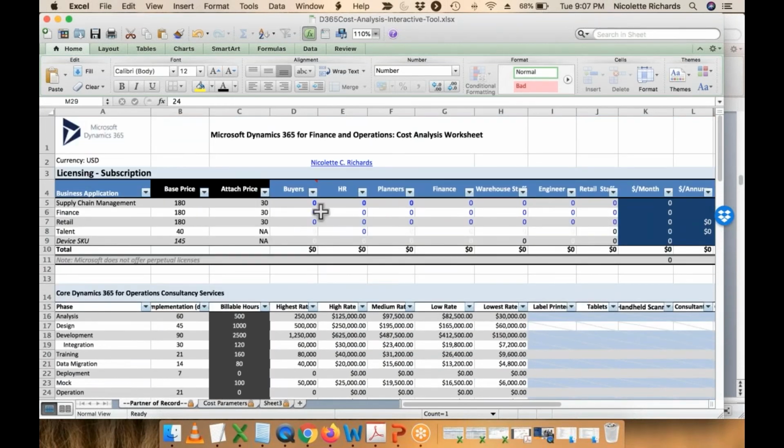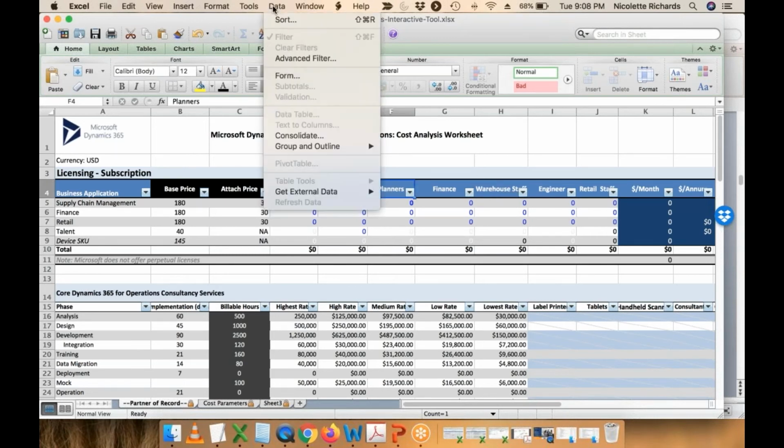So imagine your organization has 3 buyers. Your 3 buyers, they're not doing anything financial, right? So they're just going to do the 3 licenses, and their base license is just going to be the supply chain. So for those 3 licenses, it's going to be that $180 times 3.